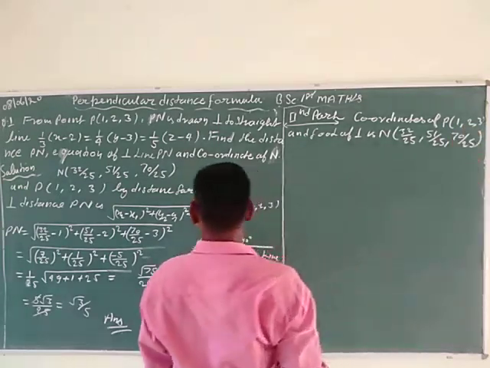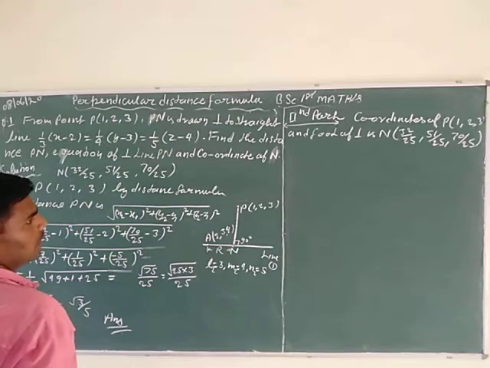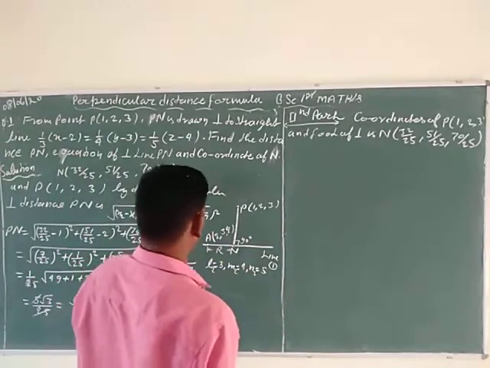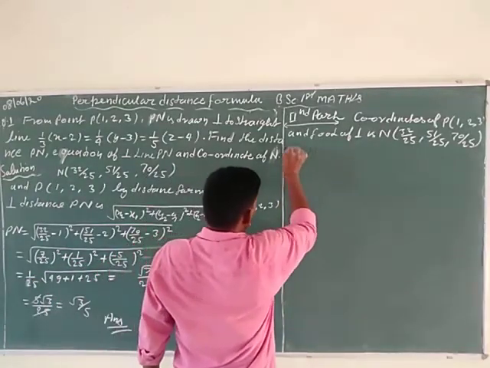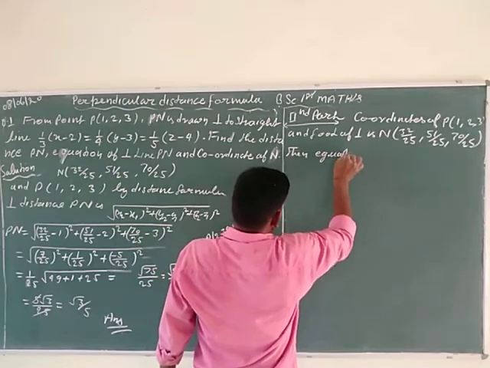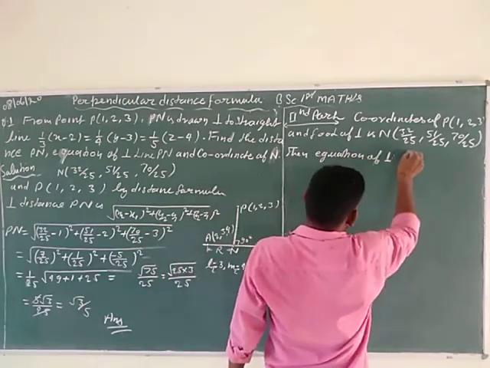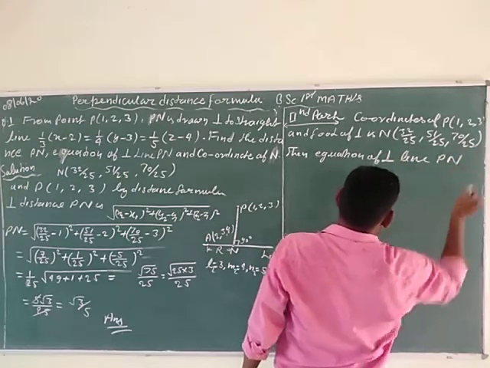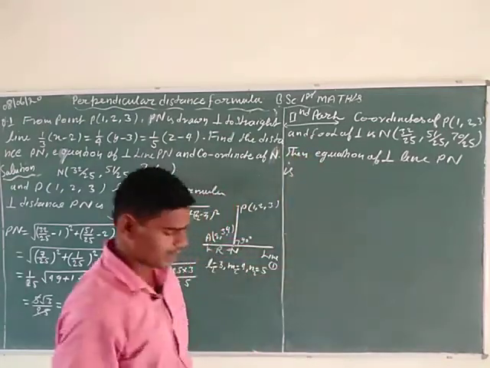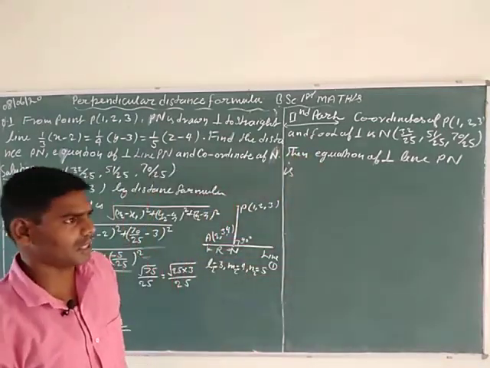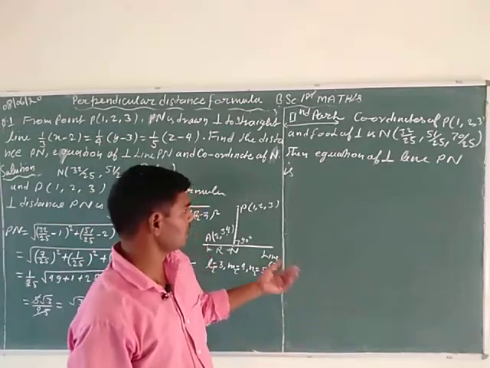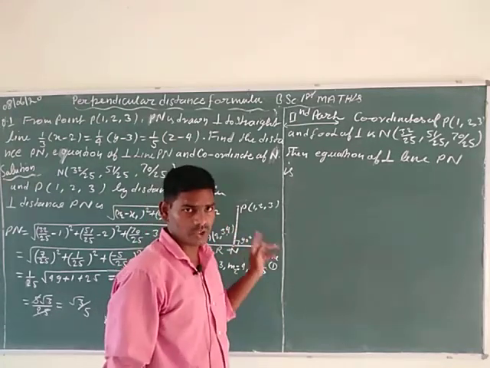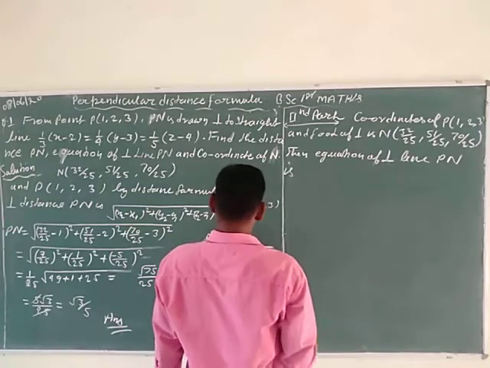These are the coordinates of the foot of the perpendicular. According to the question, write the equation of the perpendicular line PN. Here write directly the formula of the straight line passing through two points. The points P and N are the two points, so write the equation which passes through these two points P and N.